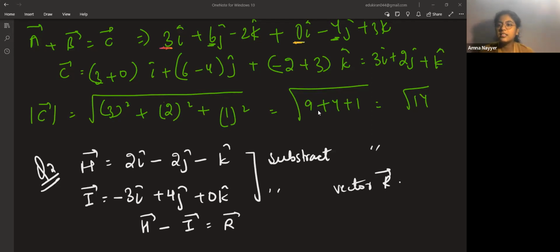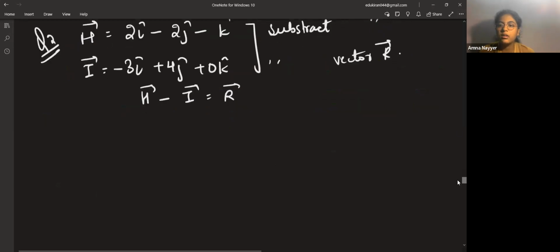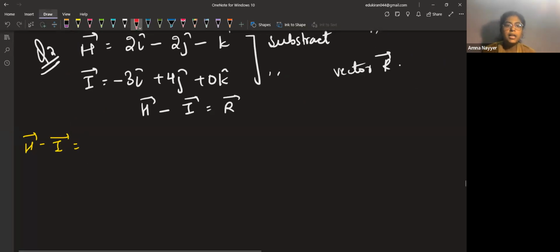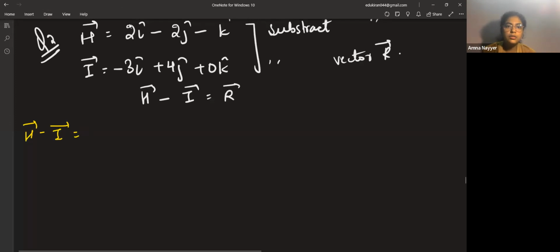Let's see then the answer. I do not remember the answer. I also have to solve it right now. See, H vector minus I vector we have to do. So it means you have to subtract these two, then these two, then these two, right?